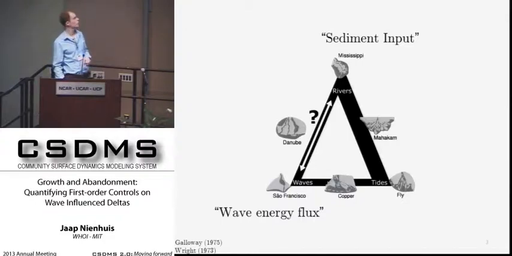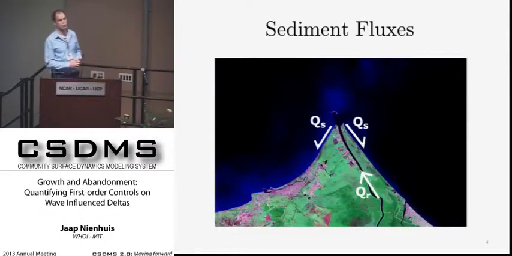So what we propose instead is a sediment flux comparison, where we compare the river strength, the river bed load in cubes per second, with littoral transport by waves. So to relate wave energy to how good waves are at getting sediment away from the river mouth, also in cubes per second, so you can easily relate those two parameters.